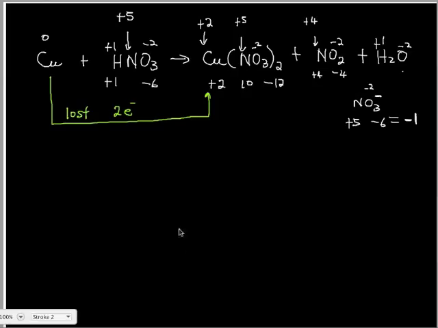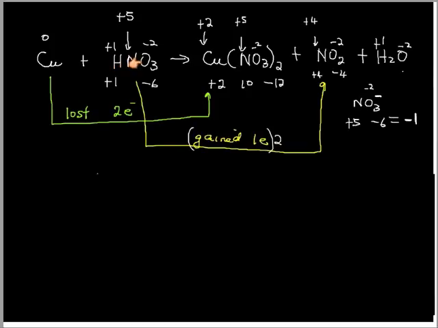The second one is I want to follow the nitrogen, and I realize that the nitrogen is reduced, so it's an oxidizing agent, and it gained 1 electron. Having decided that you need 2 electrons, you want to put a 2 here because this is the product of the reduction process.